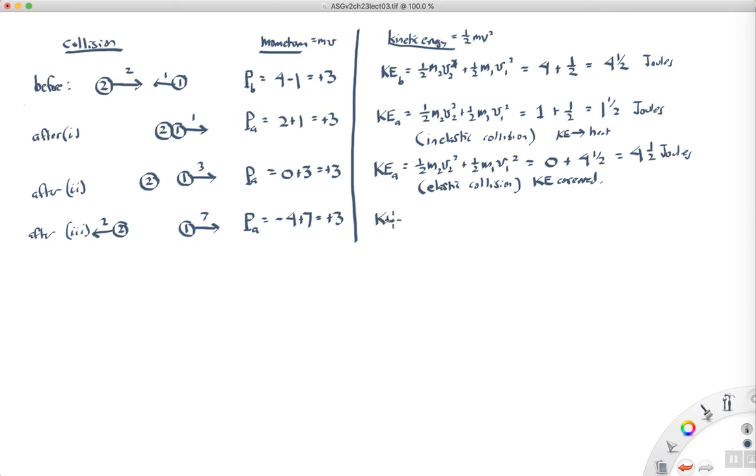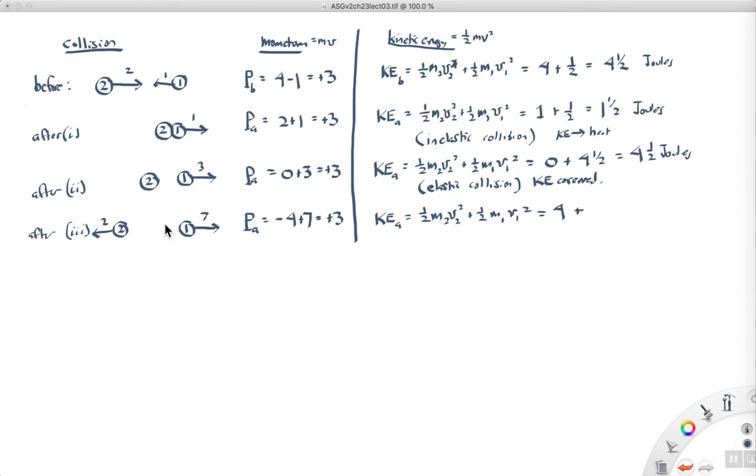What about the kinetic energy afterwards in case 3? Once again, 1/2 mass of ball 2, velocity 2 squared, plus 1/2 mass of ball 1, velocity 1 squared. Well, here, this one has a speed of 2, so 2 squared is 4, times 2 is 8, divided by 2 is 4. So that one has a kinetic energy of 4.